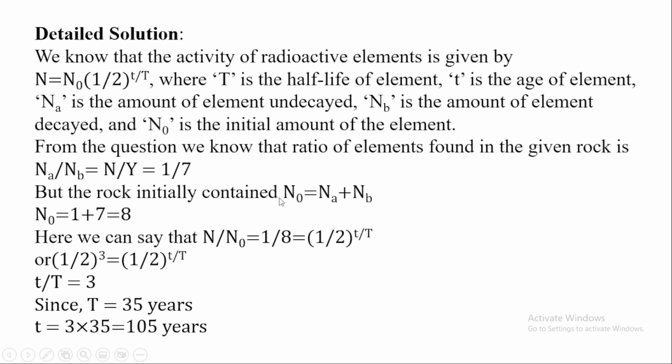Now the initial amount N0 is nothing but, because all the Y has come from N only, N has decayed into Y. So these 7 parts of Y were also N initially. So initially the amount of N would be 1 plus 7. So Na upon Nb is nothing but the N by Y ratio that is given in the question.